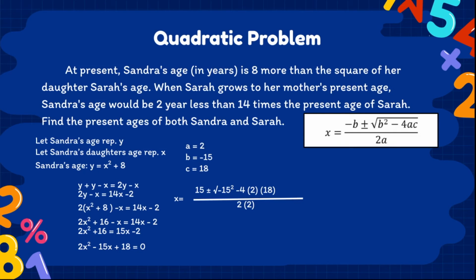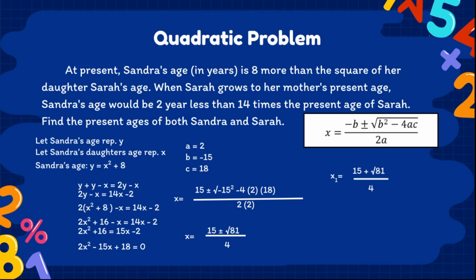Since we now have our ABC, we can put them into the quadratic formula, giving us x equals 15 plus minus the square root of negative 15 squared subtract 4 times 2 times 18 over 2 times 2. This will then give us x equals 15 plus minus the square root of 81 over 4.